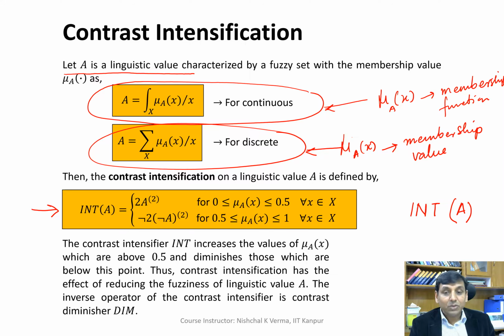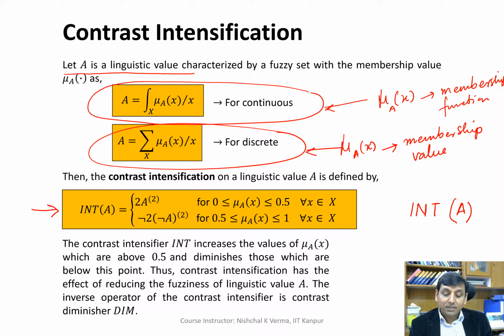And then we have another expression. This is valid for mu A of x greater than or equal to 0.5 and less than or equal to 1, for every x belonging to capital X. What is this expression?